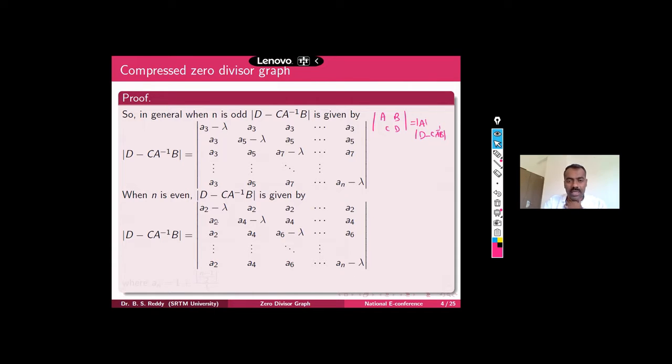Okay, then all are the same. Here it starts with A2, then A4, all will be A4. That means below this diagonal element, all those elements are the same. Whatever we are talking about here, they are all A6. Whatever we are talking about here, they are all A4, and so on. So that pattern one can observe here, no matter whether it is even or odd.